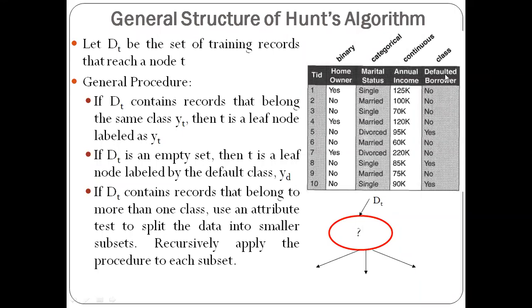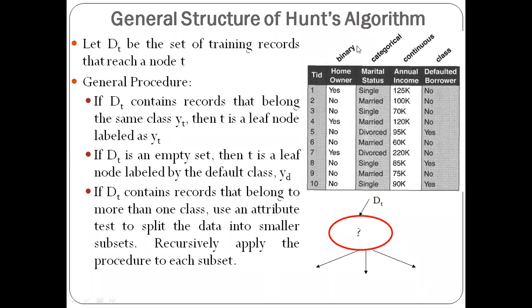No means the customer has repaid the loan on time; he has not cheated. Yes means the customer has not paid the loan on time; he has cheated.